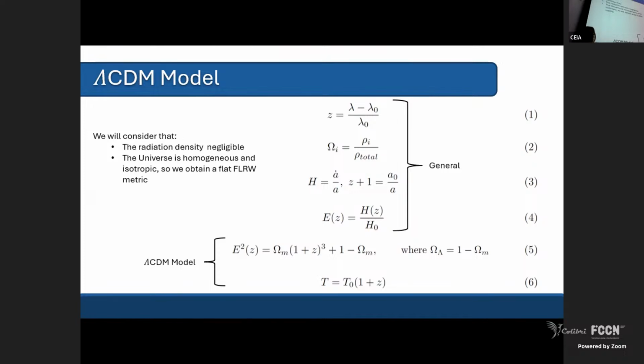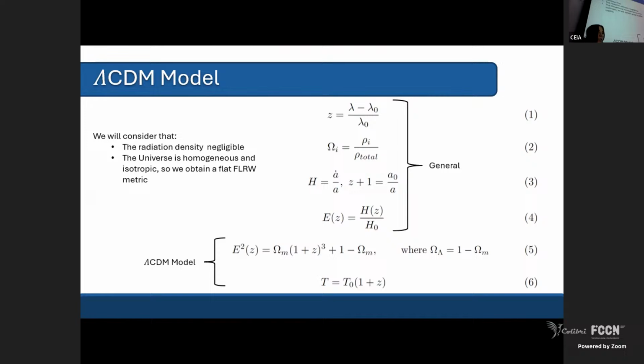One is a parametric extension of lambda CDM, which just adds or subtracts a parameter or something like that. Or they can be totally different, with no parametric extension, relying instead on different physical attributes, so they describe dark energy in a different form. Or they can be a mix of both.